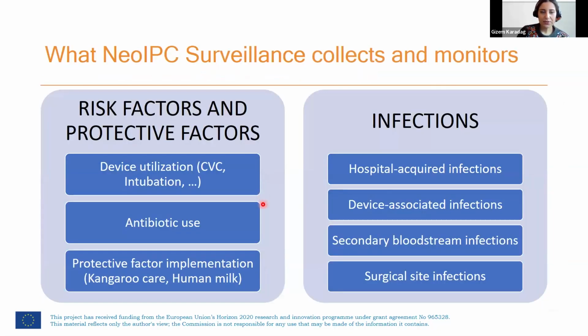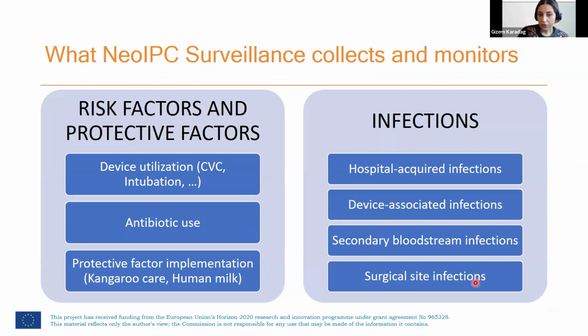Yes, the methods: how we collect data and what we exactly monitor and observe. As said at the beginning, we are focusing on hospital-acquired infections, including device-associated infections, secondary bloodstream infections, and surgical site infections.